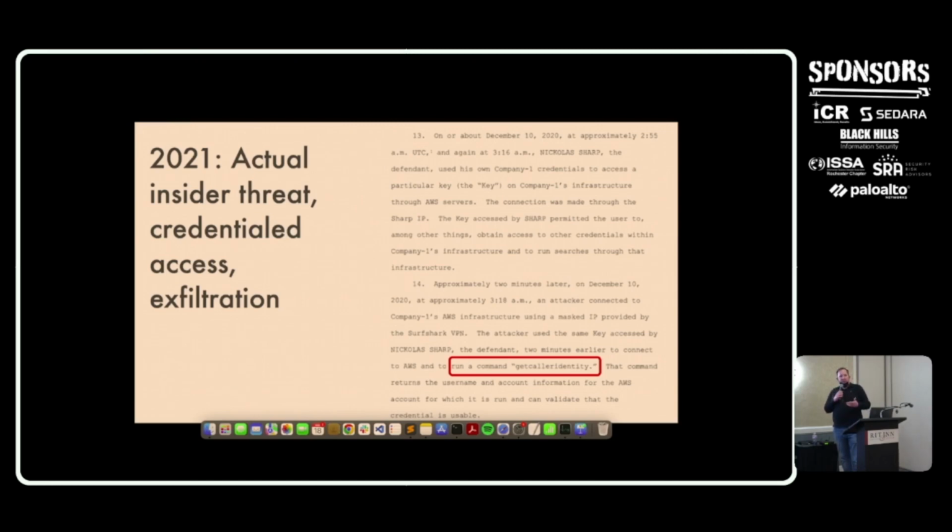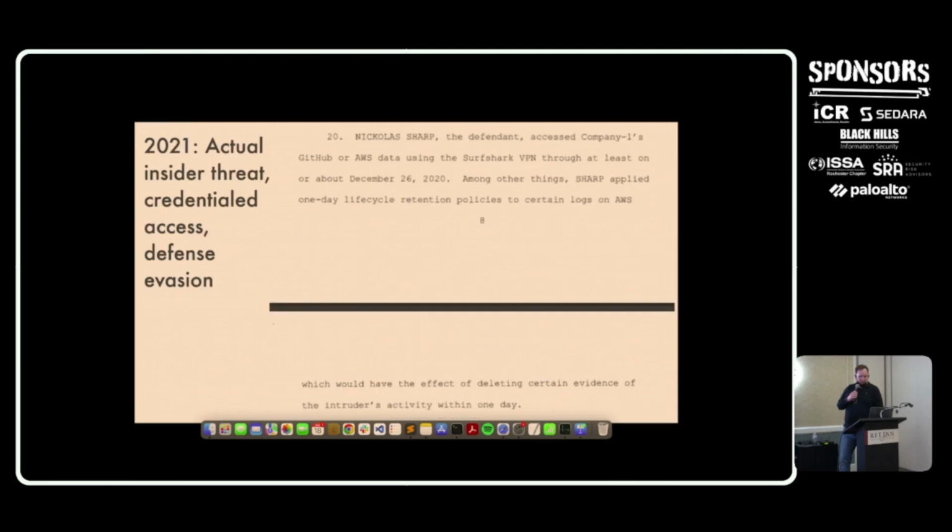GetCallerIdentity is basically a "who am I" in the AWS API. It just tells you what your current user context is. And in all of these cases, there's been large-scale data exfil. Many of them are similar in that they largely consist of credentialed access, sometimes some lateral movement, followed by large-scale data exfil.